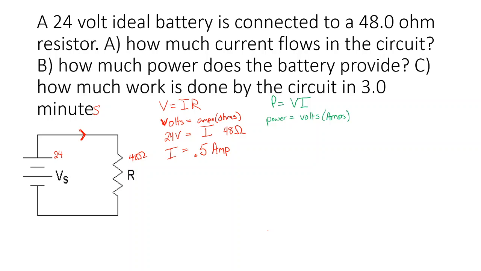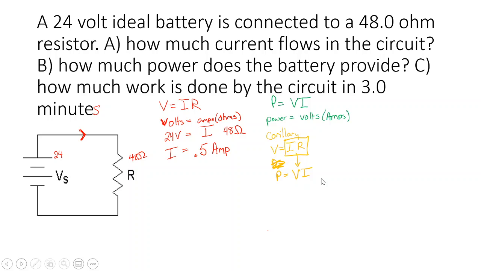Now, as we move forward, I'd like you to think, if V equals IR and P equals VI, could we make a corollary of that equation? If V equals IR and P equals VI, couldn't we take this and substitute it into volts?